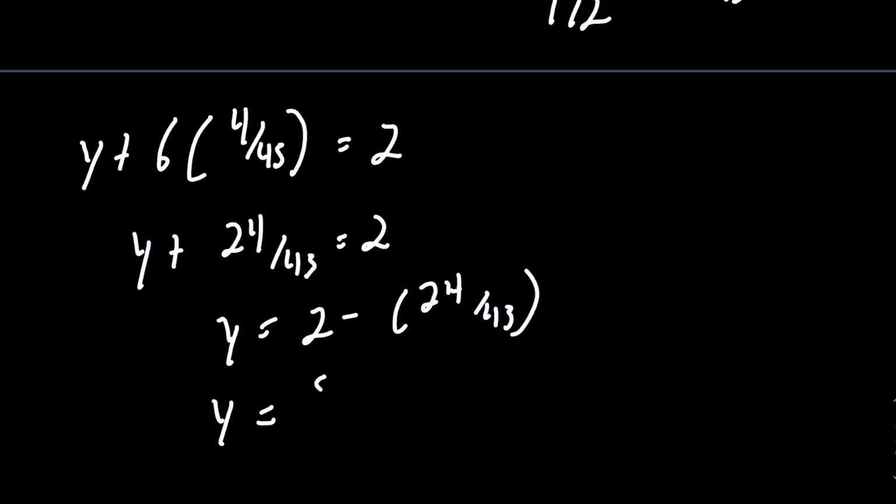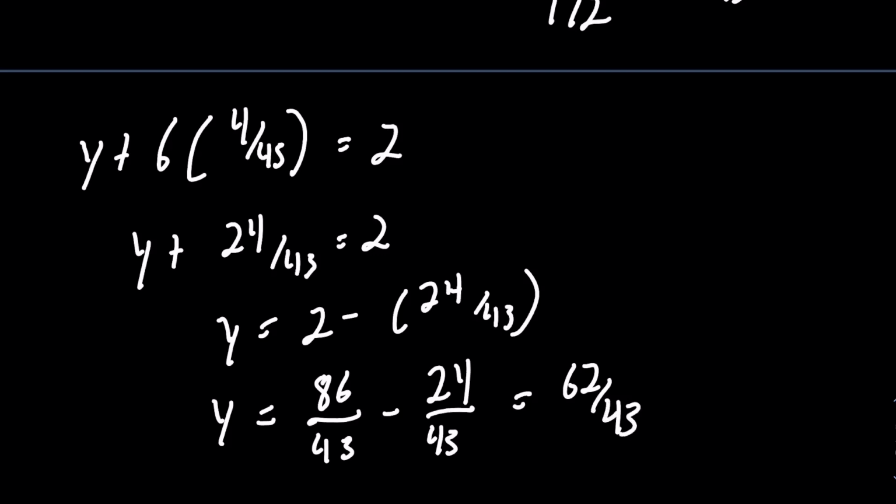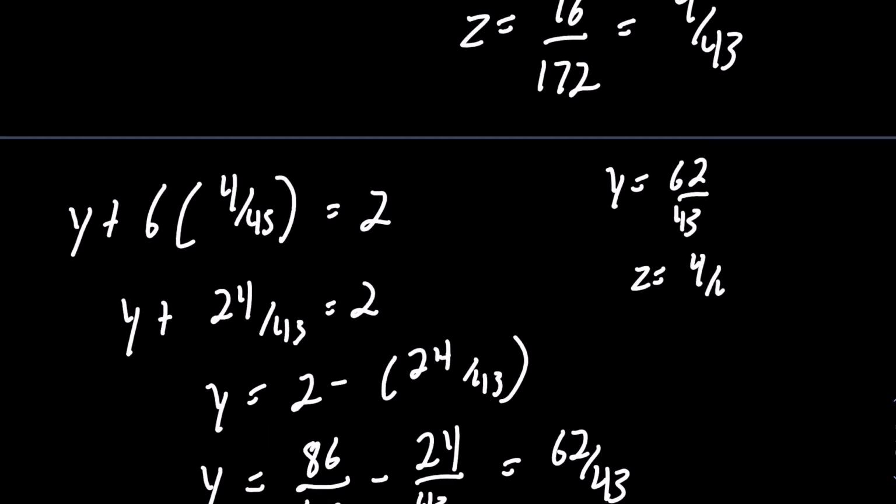So we can do 86 divided by 43 minus 24 divided by 43, which ends up equaling 62 over 43. And perfect. We now know two solutions to this system of equations. We have y equals 62 over 43 and z as 4 over 43.